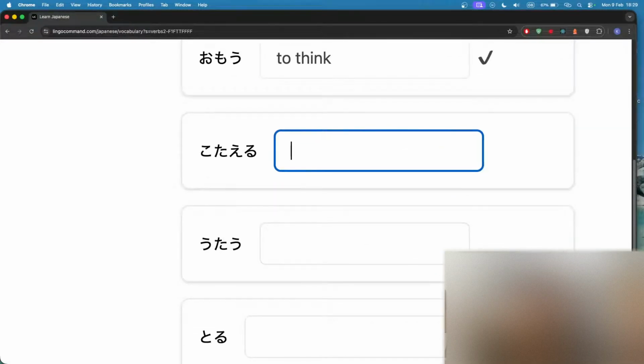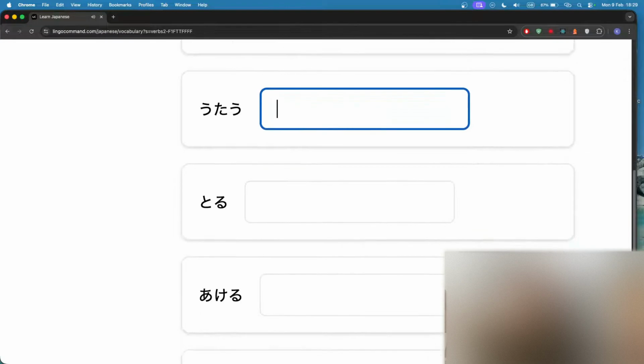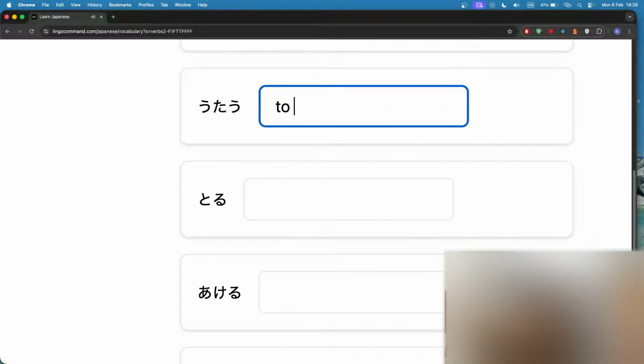Kotaeru. Kotaeru. Kiku is to listen. What is kotaeru? Oh, it means to answer, like to answer a question. Utau is to sing.